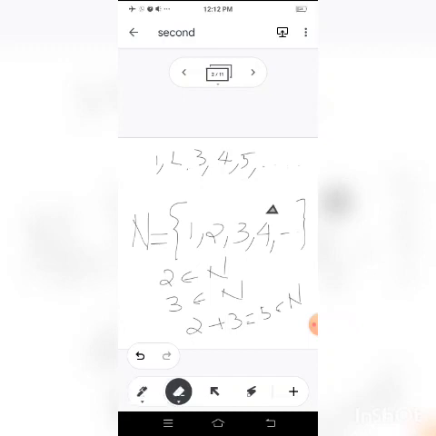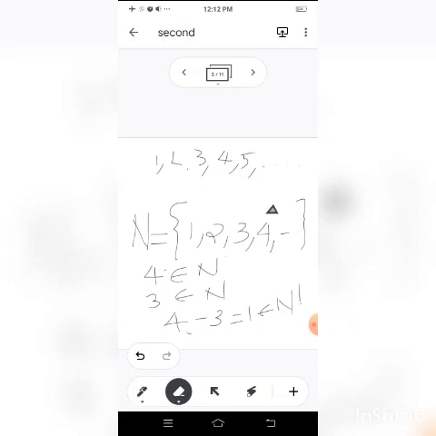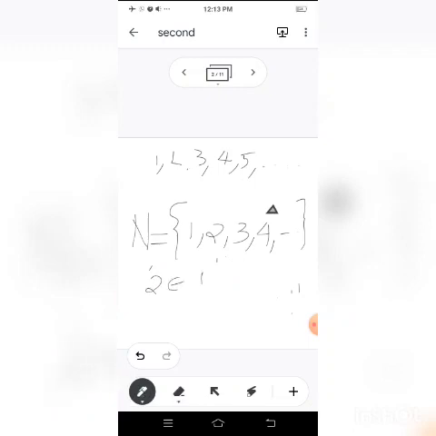For example, 4 belongs to N, 3 belongs to N. Then 4 minus 3 equals 1, and that also belongs to N. Now another example. 2 belongs to N, 5 belongs to N. Then what will be 2 minus 5?